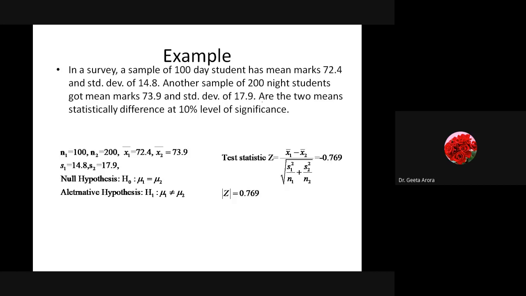So we are talking about the mean marks obtained by them. So let me know what is the value of z, how you are comparing, and finally what is the decision.